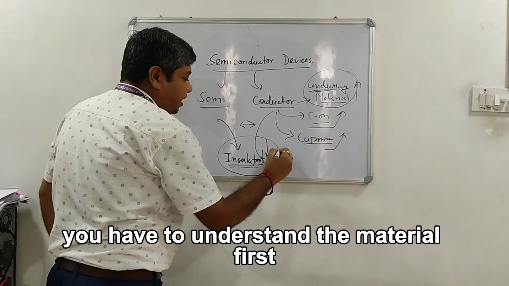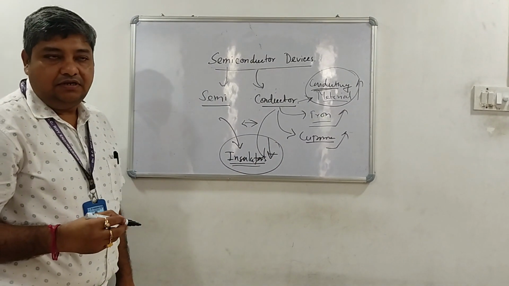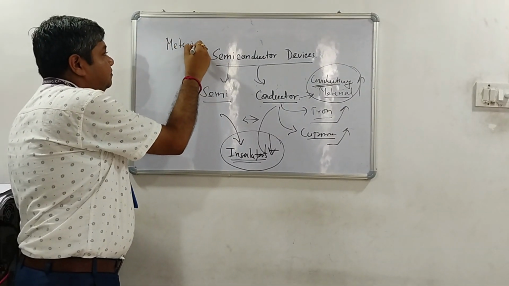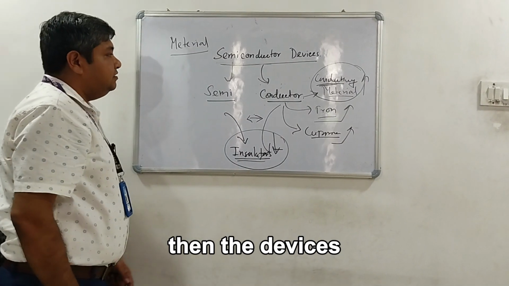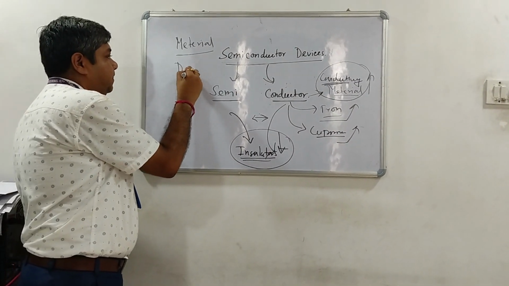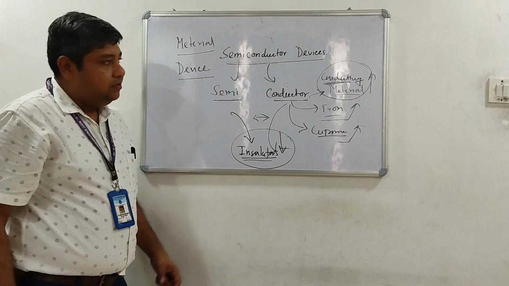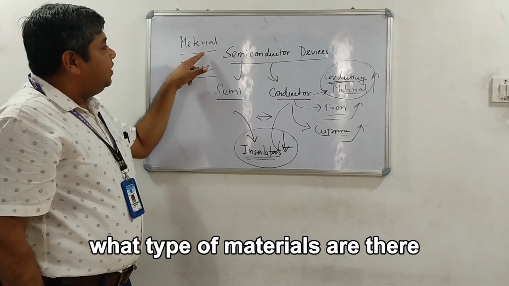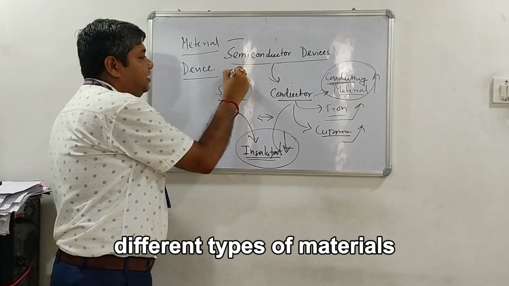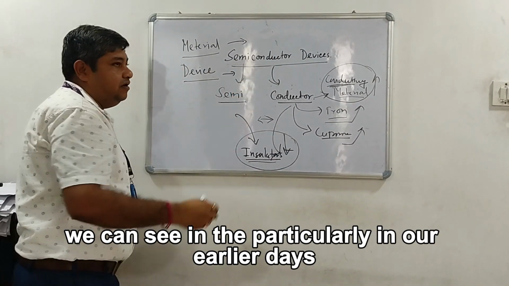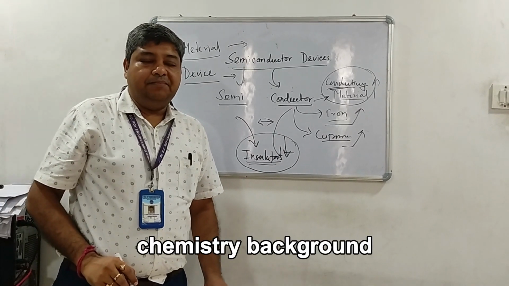So who is conducting? If you try to understand these things in the semiconductor device, particularly, you have to understand the material first, then the devices made with that particular material. To do that, what types of materials are there? Different types of materials we saw in our earlier chemistry background.